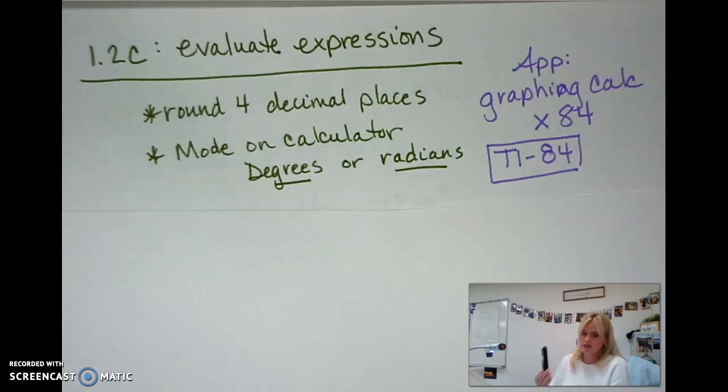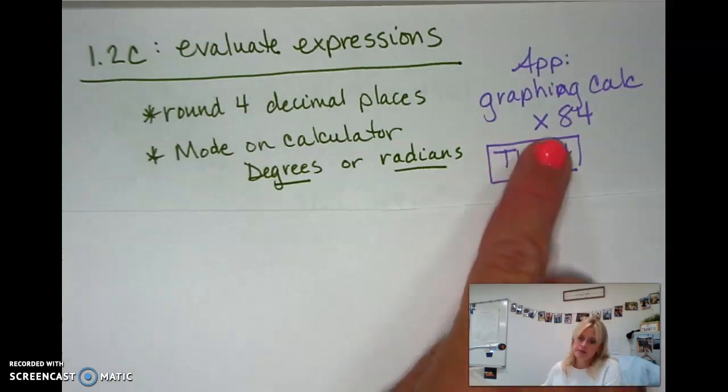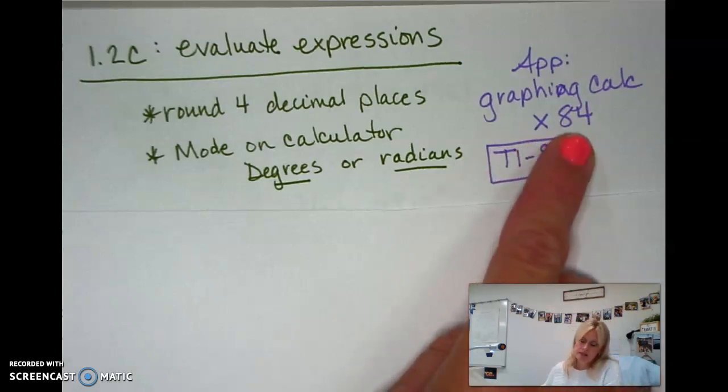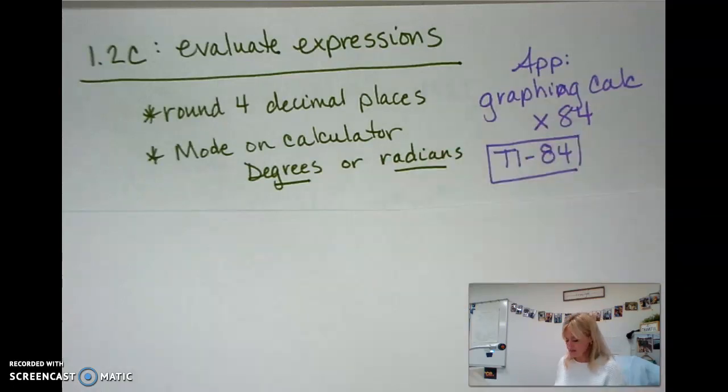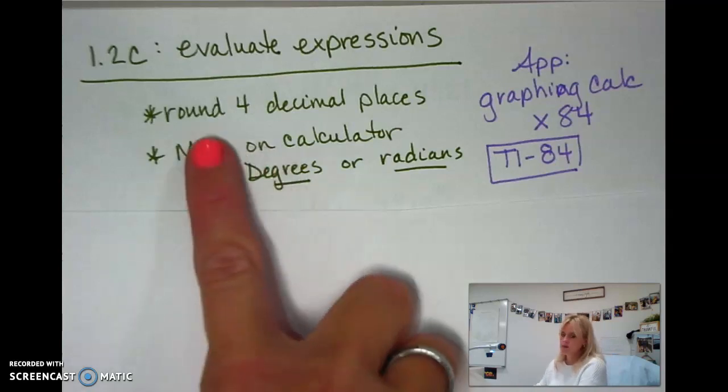While I understand many of you do not have the TI-84 calculator at home, you do not have to go and buy one. However, you should find the app X84. It's a graphing calculator, it's free, and it will have a lot of the same features that my actual calculator has, okay? So there are a couple things when we're doing this lesson.